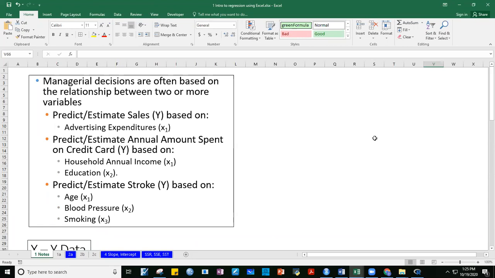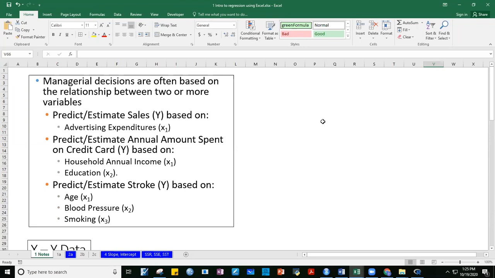Its use is not only in statistics, but also in management and in other fields like ecology, economics, of course, finance, business, and even in psychology and the social sciences. Regression is very important because in regression, we seek to establish the relationship between variables.